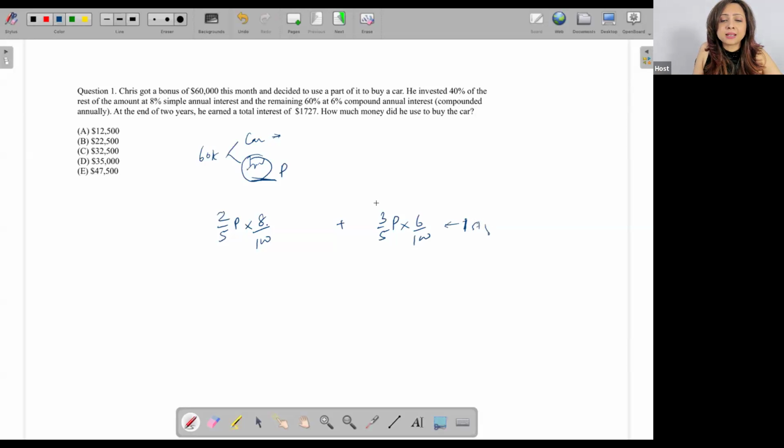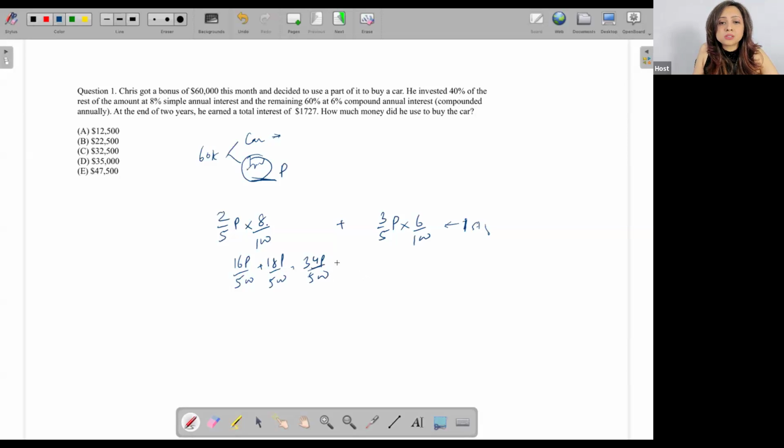I say that this would be the interest earned in the first year. Of course, this is 16P by 500 plus 18P by 500, which is equal to 34P by 500.